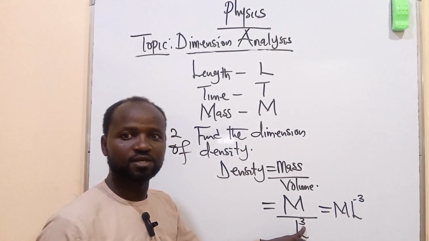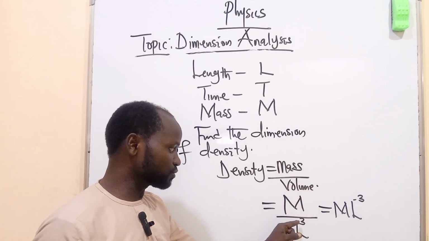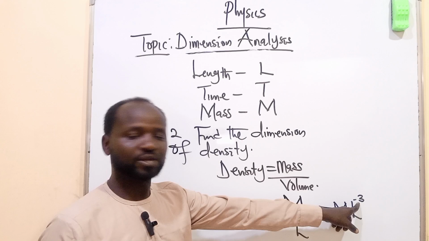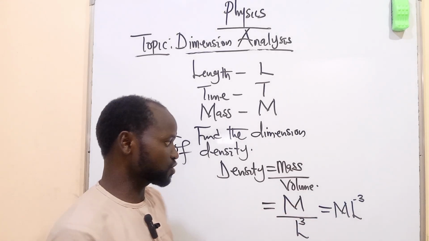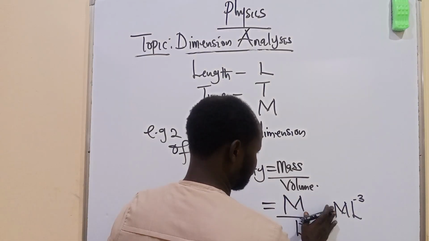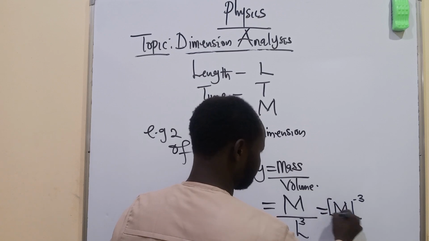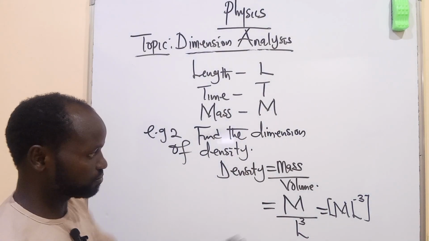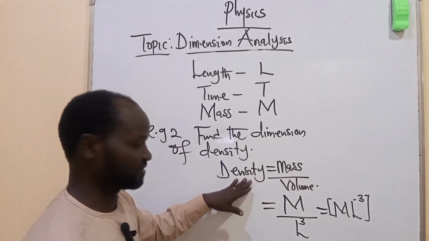If you take this power to our numerator, it will gain a negative sign. That's why we have this minus 3. So write it in square bracket like this. This will be the dimension for density.